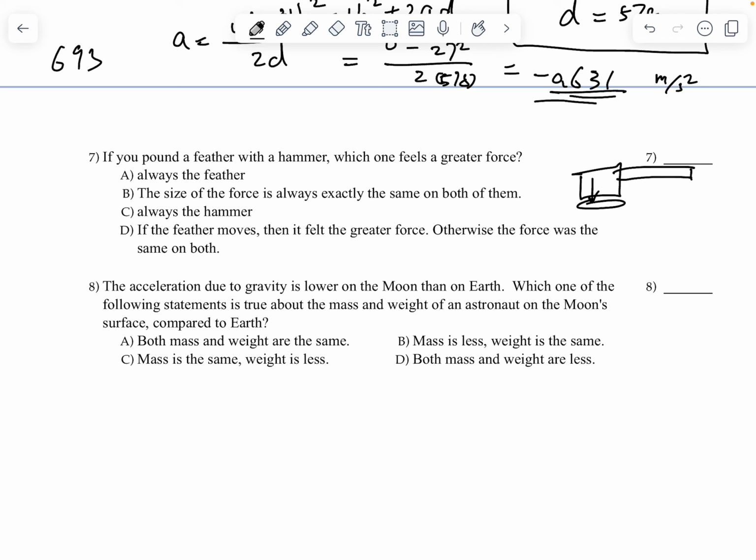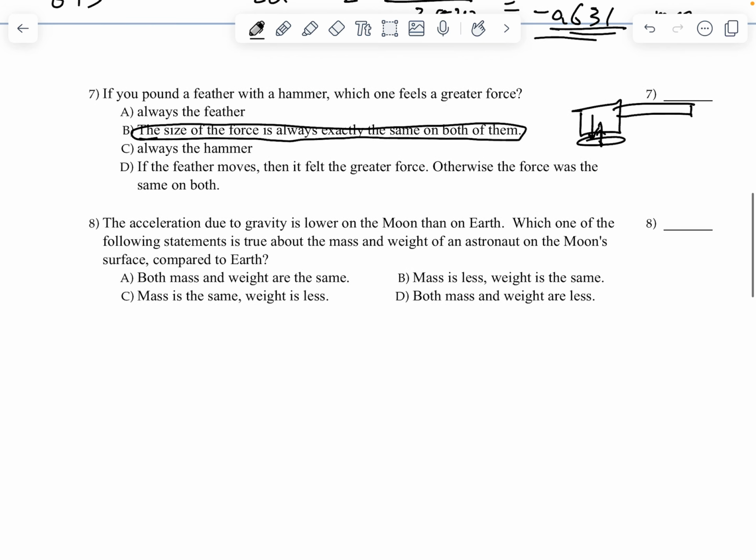If you put the feather down and then pound it, this is basically a Newton's third law pair. The hammer puts a force on the feather, and the feather puts a force back on the hammer. Always the same magnitude, opposite direction, on different objects. So the size of the force is exactly the same on both of them. Newton's law pair.